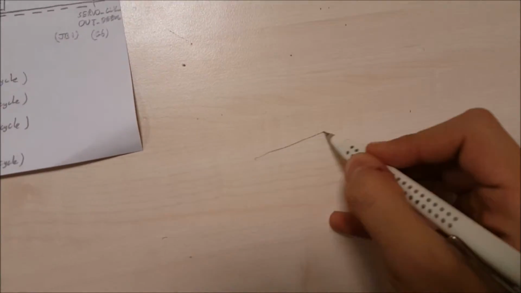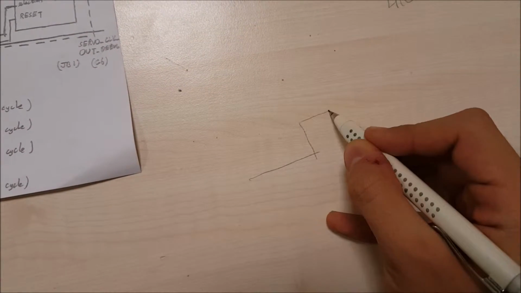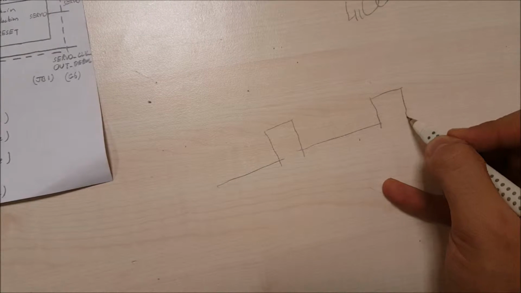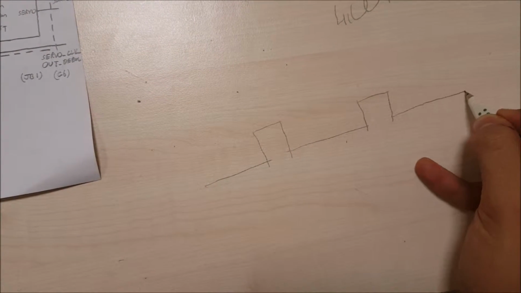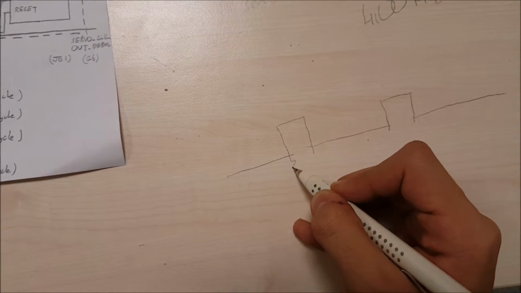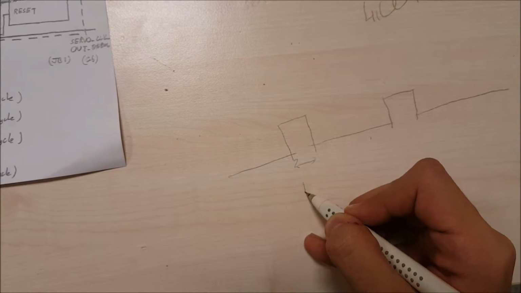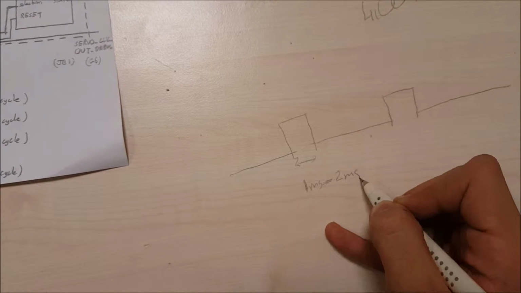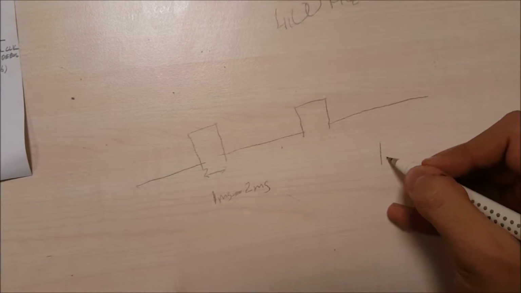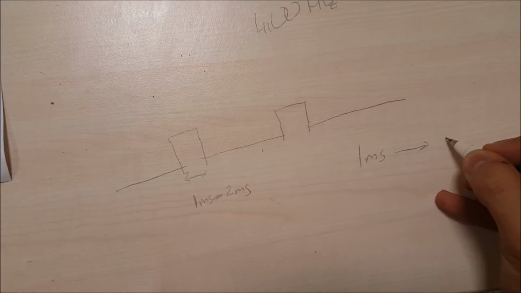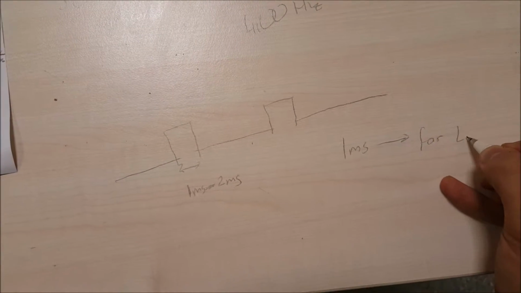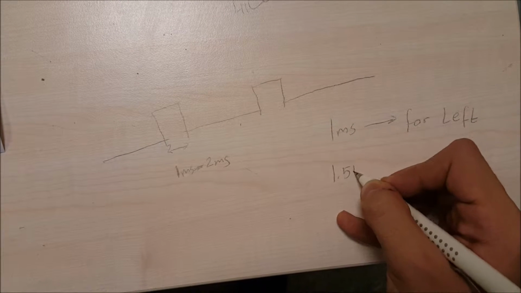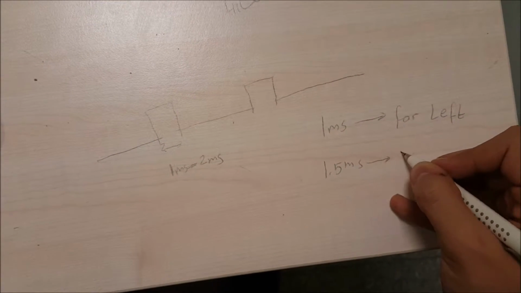In addition to this, servos are not as basic as DC motors. This is a square wave but with a different duty cycle. This width should be between 1 millisecond and 2 milliseconds. 1 millisecond means far left. 1.5 milliseconds means middle position.